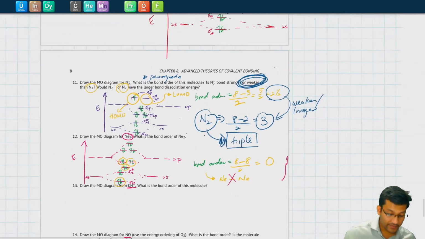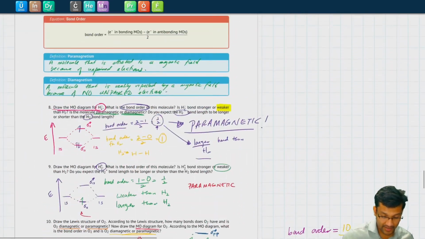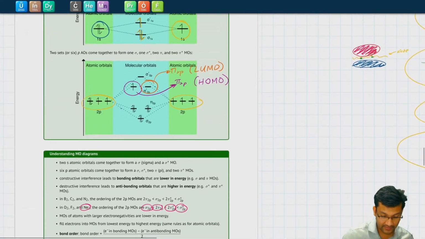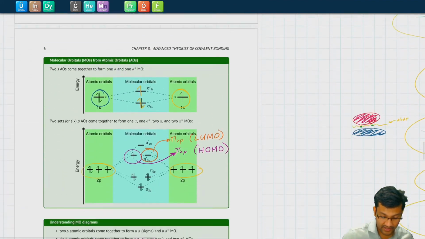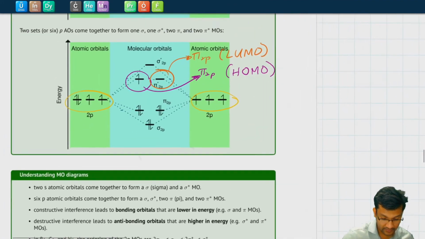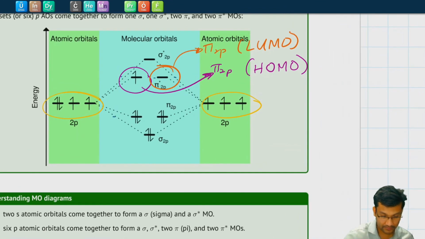All right, so that will bring us to the end of this chapter. I know it might seem like a lot of diagrams and arrows, but just take your time drawing them. The neater you draw them, the clearer they might become. But just know that when atomic orbitals from two atoms come together, they form molecular orbitals. This is the idea behind molecular orbital theory, and it's a little bit more powerful than the things we've been looking at so far in this chapter, like valence bond theory.